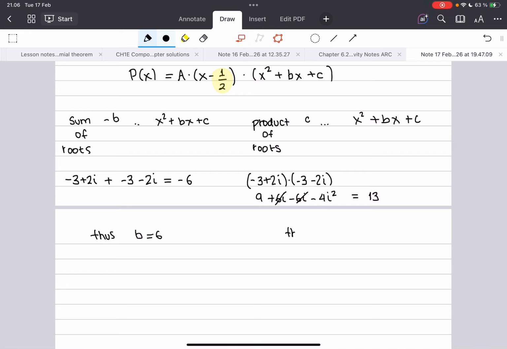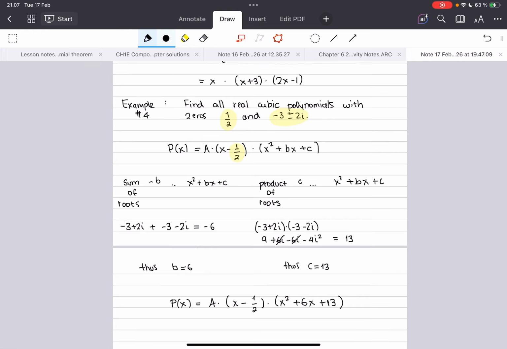So you can say thus c is 13. So now a possible polynomial that you could have is a factor a times x minus half times x squared plus 6x plus 13. There you go.